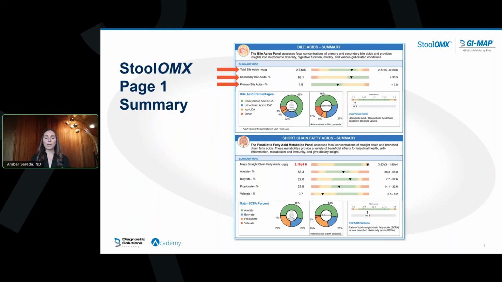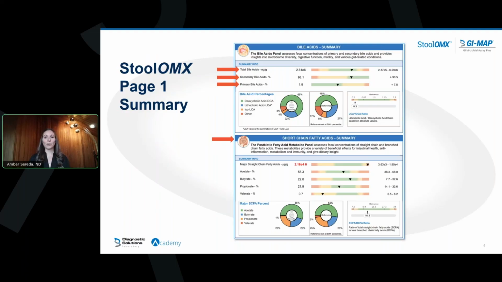And the secondary and primary are represented in a bar graph in their percentages. And then right underneath here in the donut charts, you're going to see the percentages represented in a different way. You'll see the patient results on the left and the reference range on the right. And then in the top corner here, we have the LCA to DCA ratio. This is 2 of our prominent secondary bile acids.